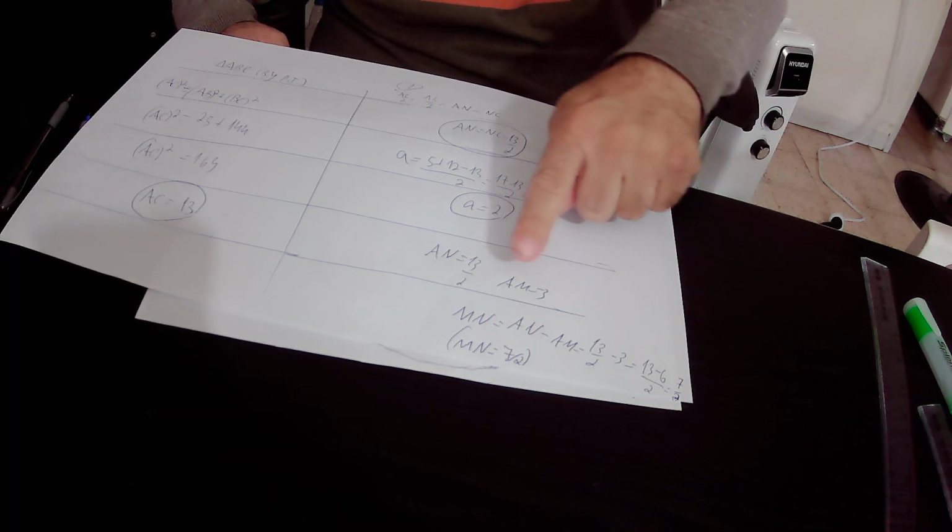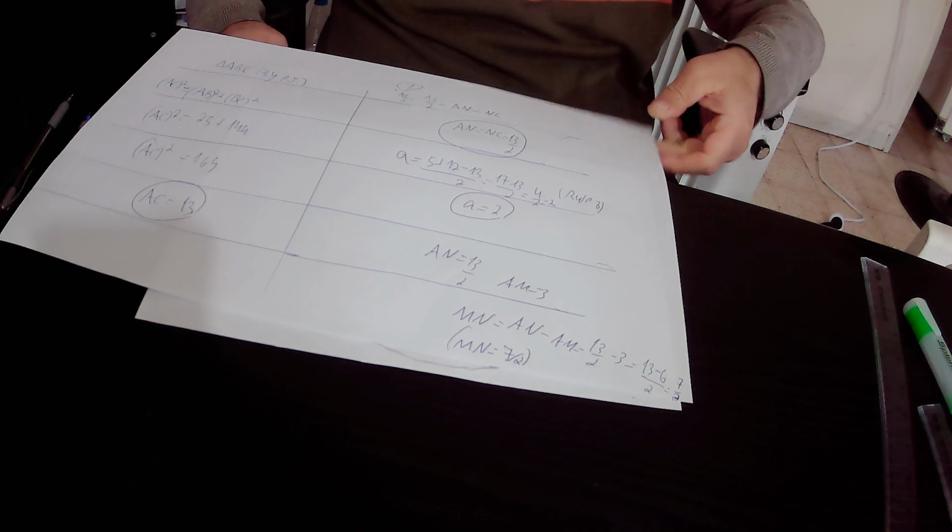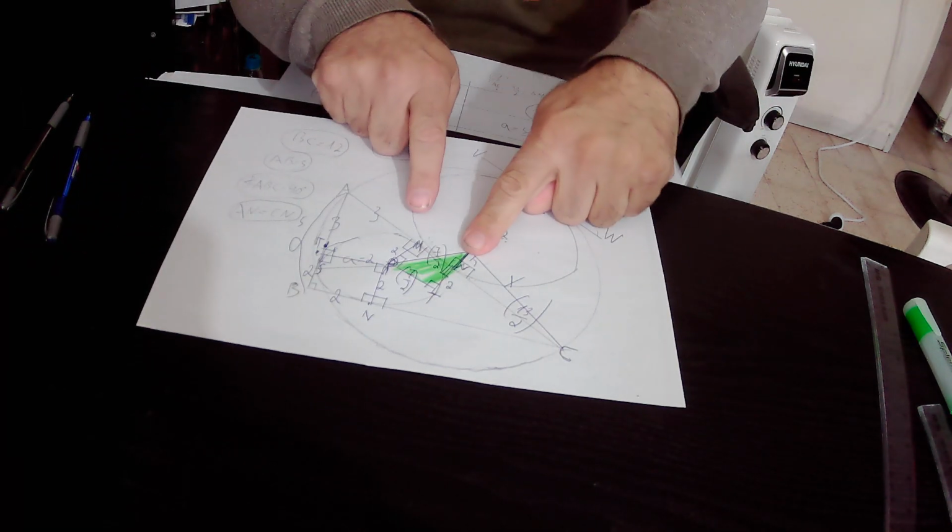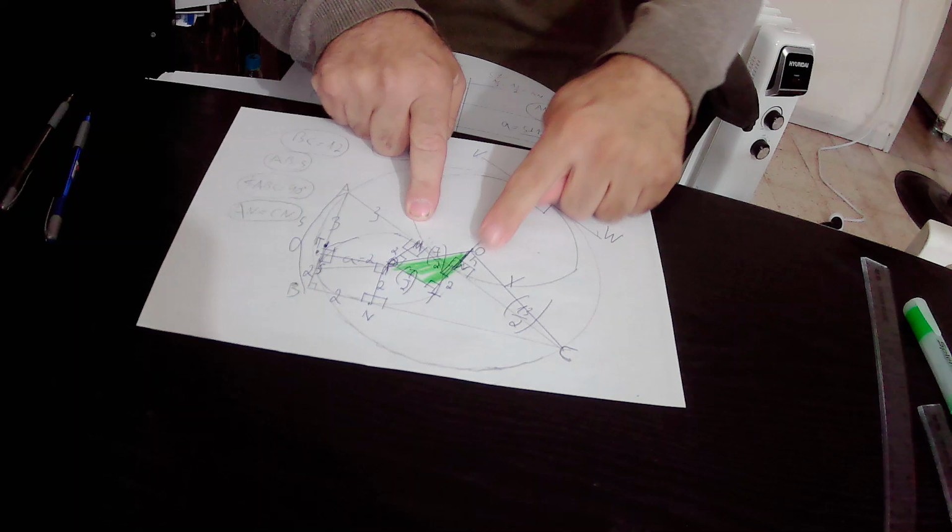So in conclusion, we found out that MN equals 7 over 2. This line segment MN equals 7 over 2 units in its length.